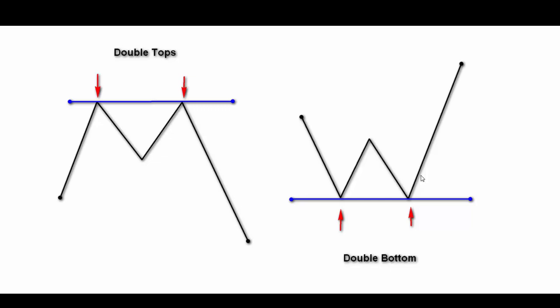And then we take our trade based on the time frame we are trading on. So that's all for the double tops and double bottoms, and I really want to move quickly to the third chart pattern that I want to introduce to you today.